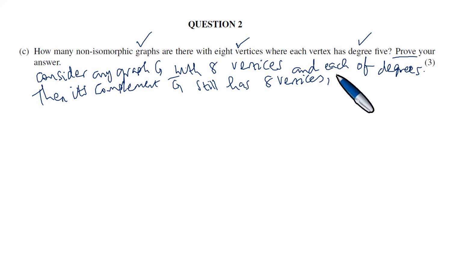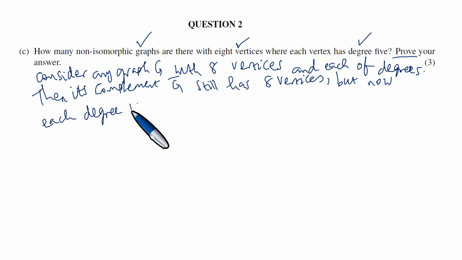But now each degree is 2. Why is each degree 2?